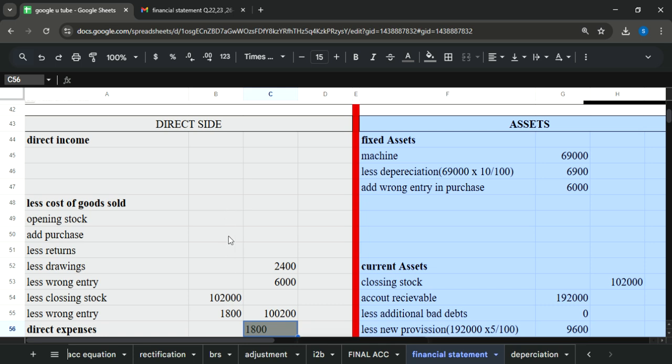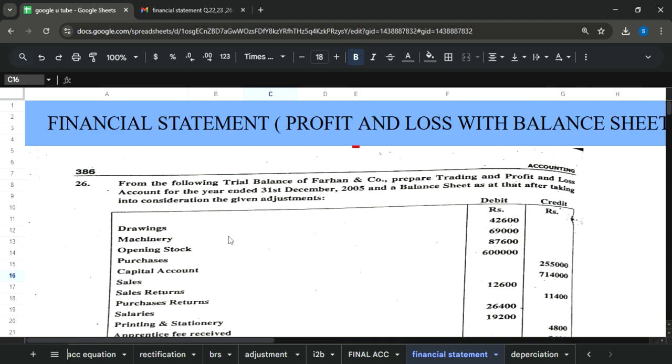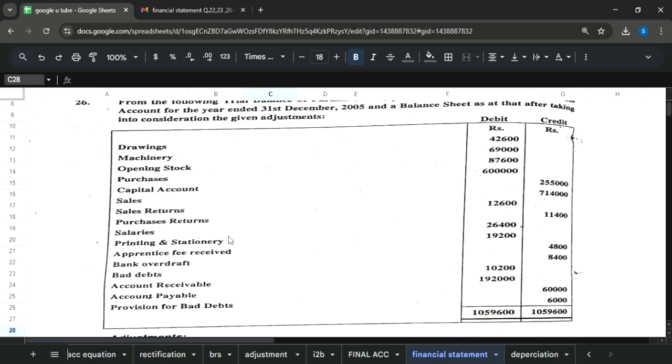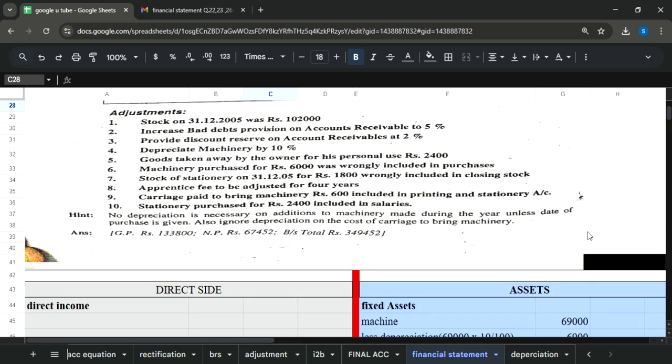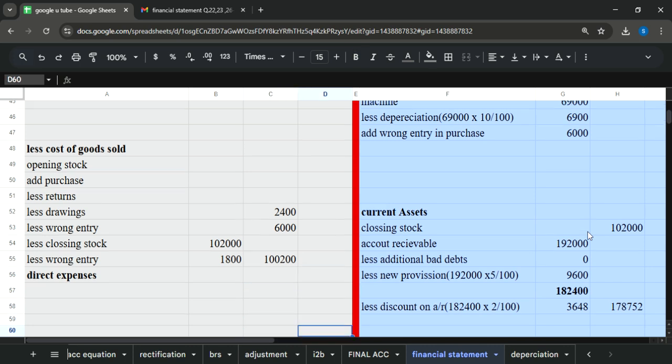First effect is completed. Stock of stationery, that means there are two things we can do. If stationery is present, okay, this is your stationery 19,200. So you may subtract this stock of stationery from here, and secondly you may post it to the asset side. We are going to choose asset side.